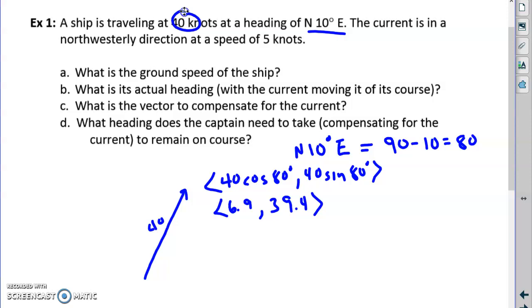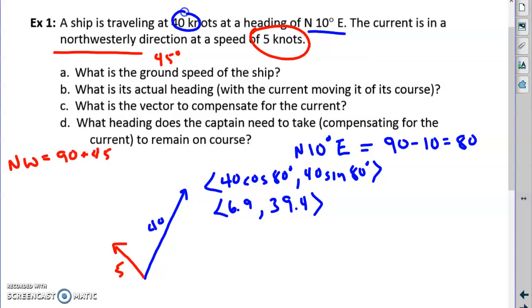Now let's do the current vector in red. Northwesterly, no number. That means 45. 5 knots, there's my velocity. I'm going to try to draw it to scale. 5 is a lot shorter than 40. In the second quadrant, 45 northwesterly would equal 90 plus 45, otherwise known as 135.